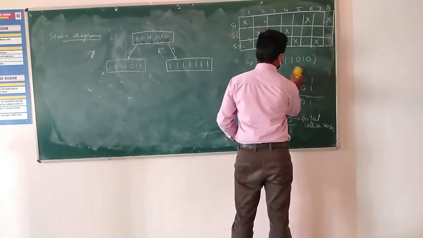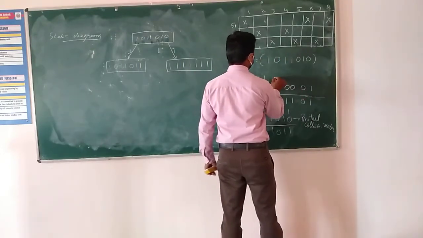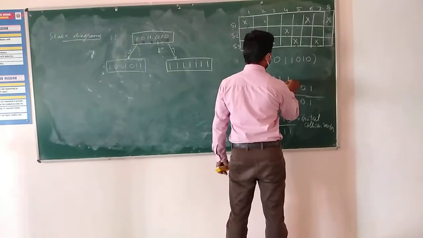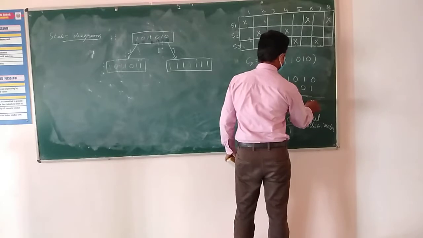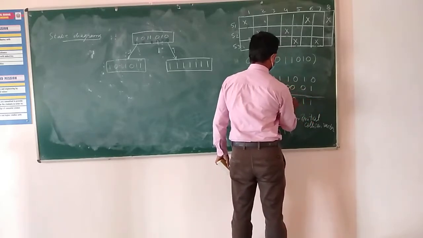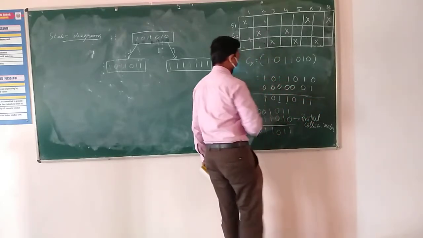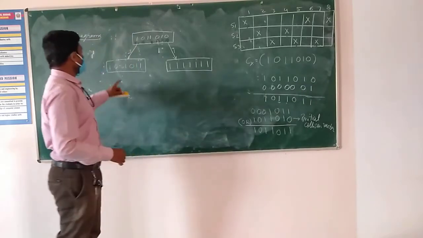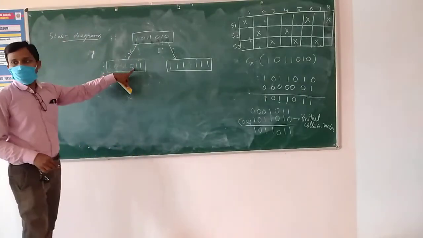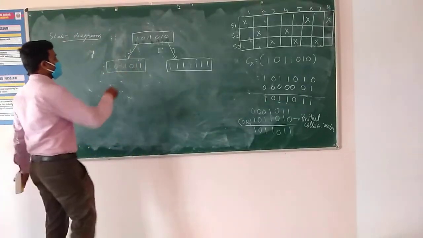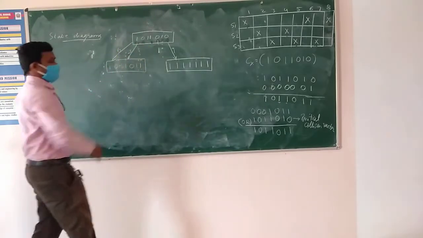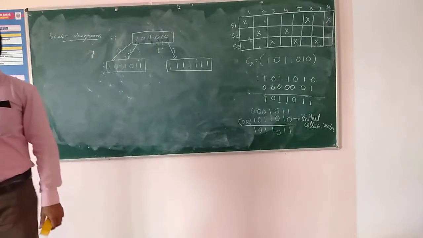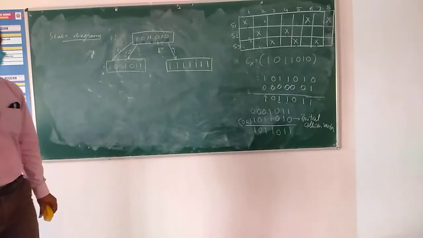The initial collision vector is 1 0 1 1 0 1 0. And the result is 1 0 1 1 0 1 1. Again the same state. Therefore indicate this with again 6. All right. Done.